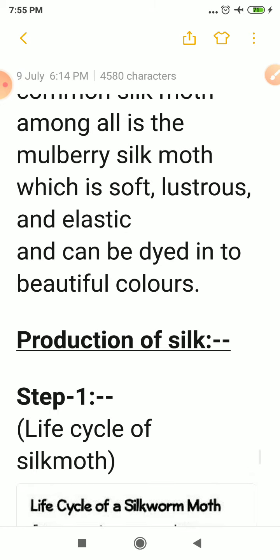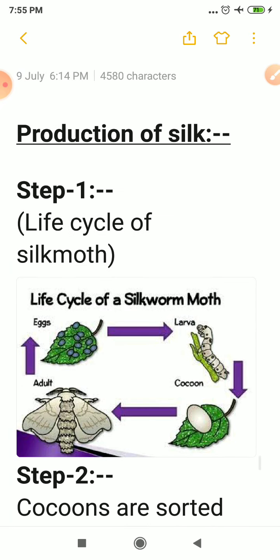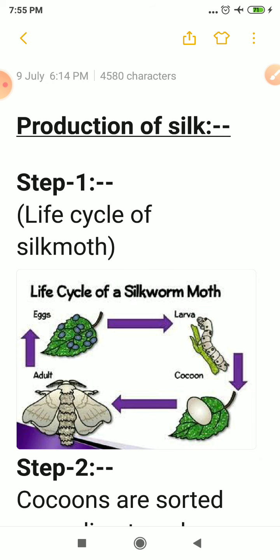Now we will discuss the production of silk, how silk is produced. For production of silk, the first step is getting these cocoons.